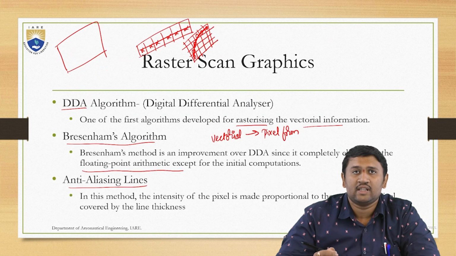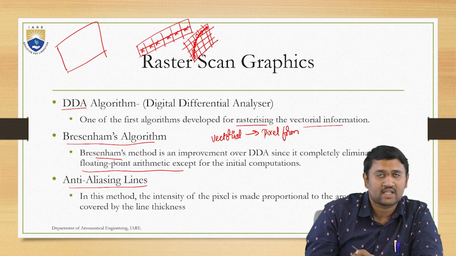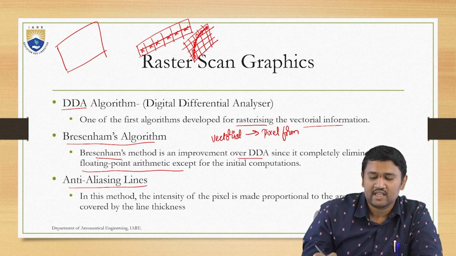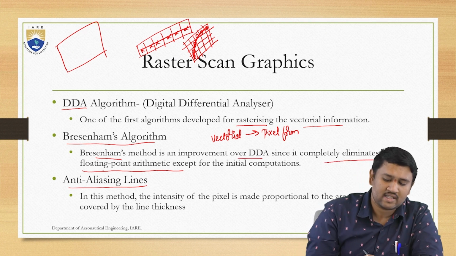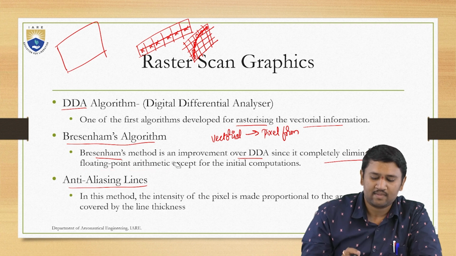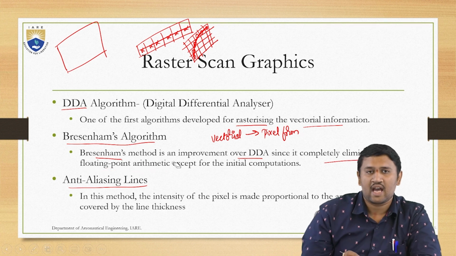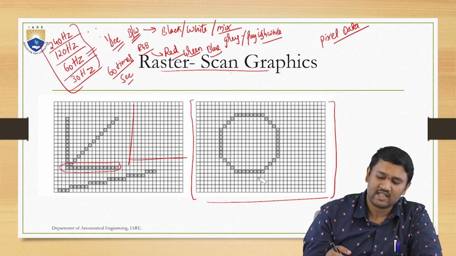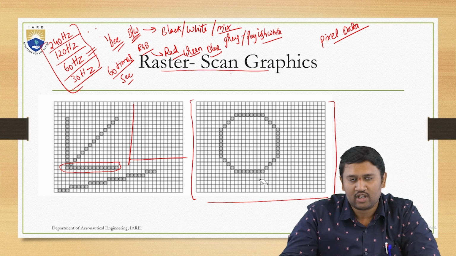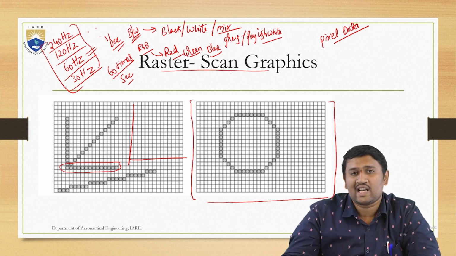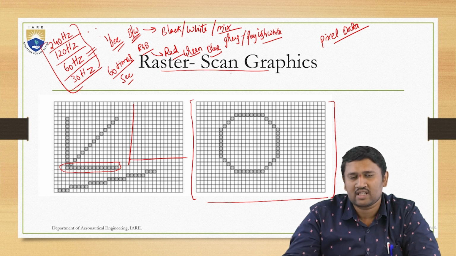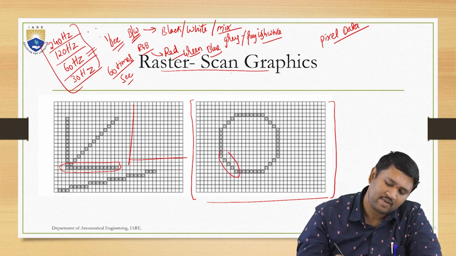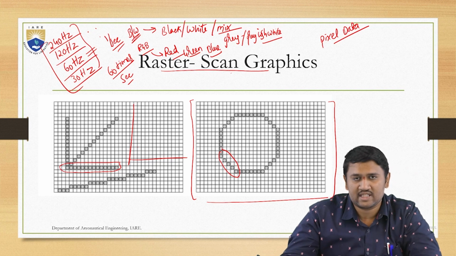Bresenham's method, Bresenham being the name of the scientist, is an improvement over DDA since it eliminates the floating point arithmetic except for the initial computations. As the picture is being generated over a period of time, the initial picture might not have the same quality or the same curve we have discussed, but later, as it gets refreshed over 2 seconds, 3 seconds, or 5 seconds, you will get a much sharper picture and a much more curved region as your algorithm suggests.